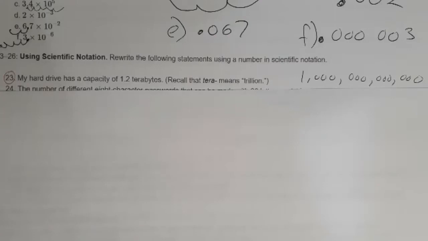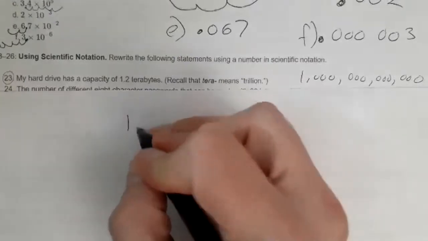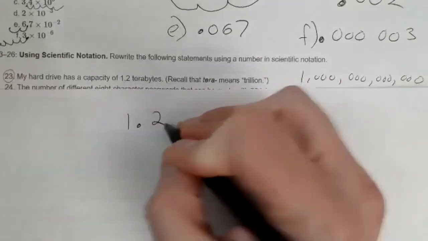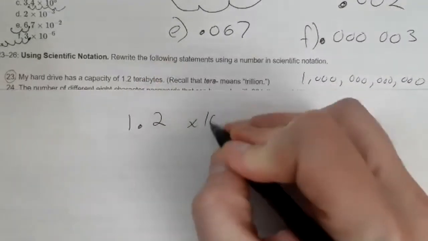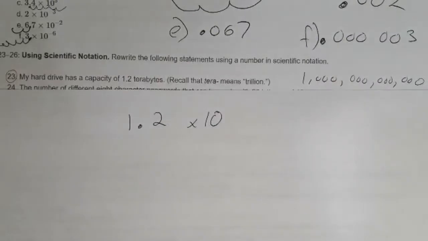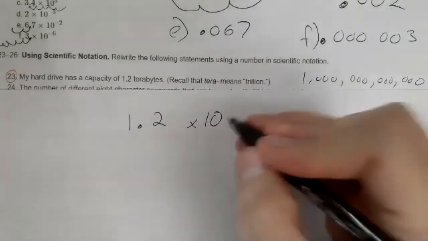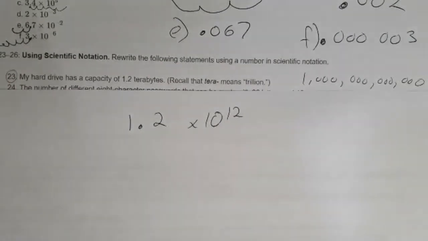My hard drive has a capacity of 1.2 terabytes. And I want us to rewrite this in scientific notation. So I'm going to do 1.2 times. What power am I putting? Would it be 12? That's absolutely what power you're putting. You're just counting the zeros on this thing, basically, right?